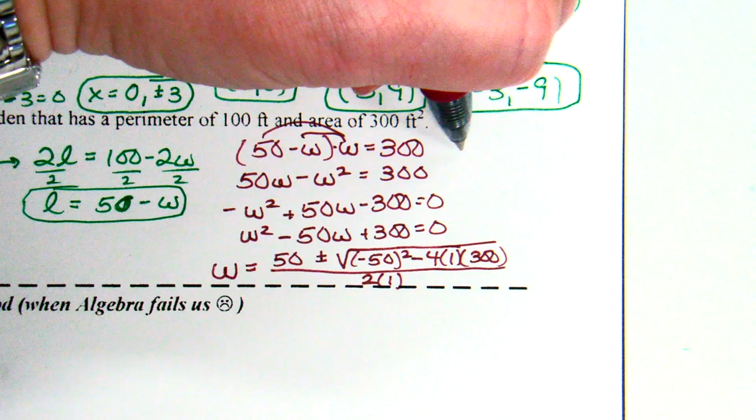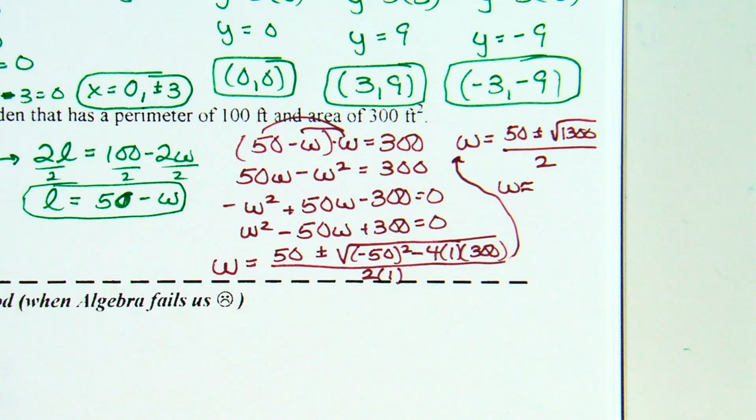And then I can also go up and copy what I just typed in and change that plus sign to a minus sign. So I got these two answers. Got an answer of 43.03 and 6.97.